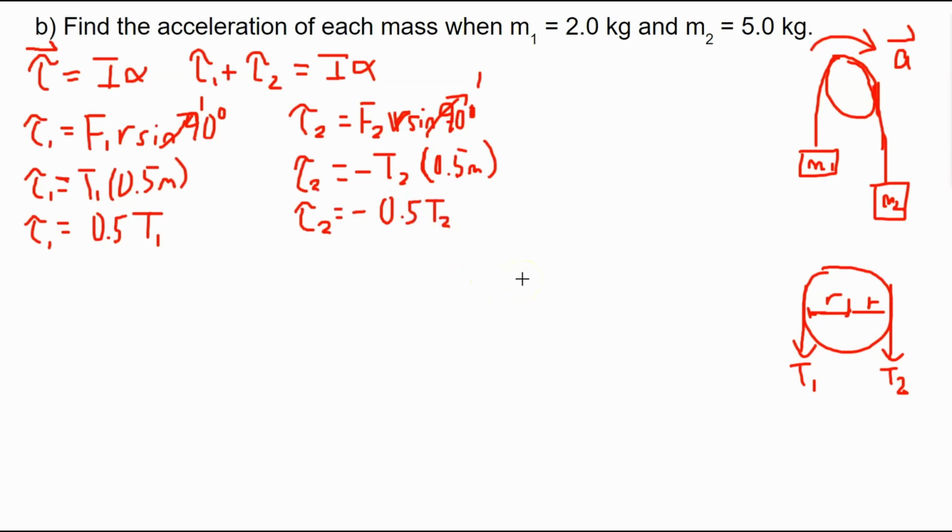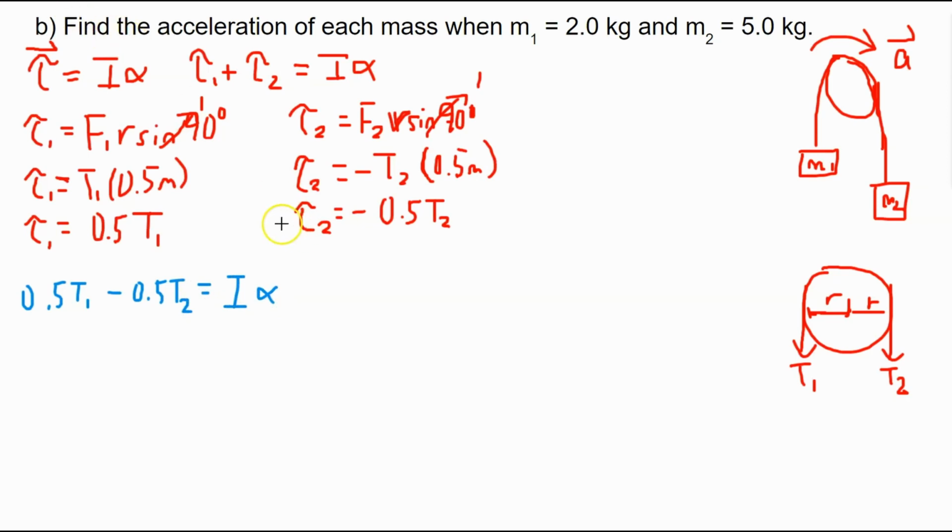You might be thinking, well, what did that even accomplish? I did all that work. Well, we can go back to our original equation. Torque 1 plus torque 2 is equal to I alpha, and we can now plug this in. So 0.5 times tension 1 minus 0.5 times tension 2 is equal to I alpha.